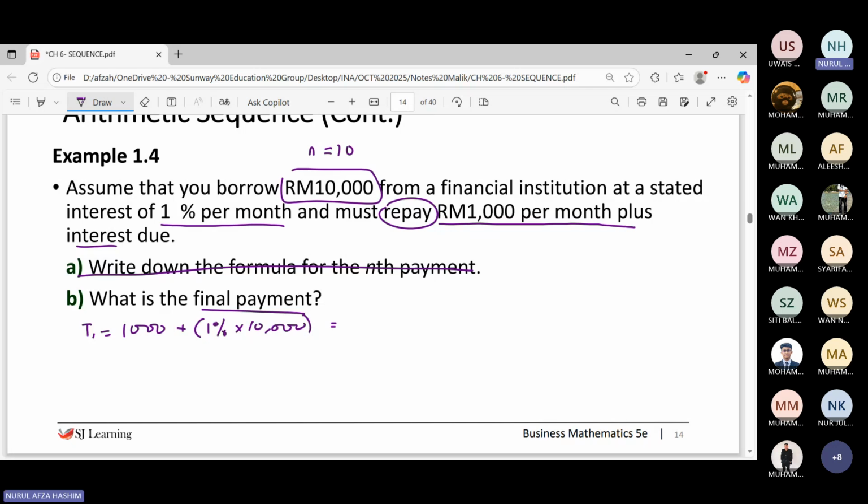How much are you paying for the first month? 1,110 kan? Okay. 1% daripada 10,000 is 100 kan? RM1,100 kan?